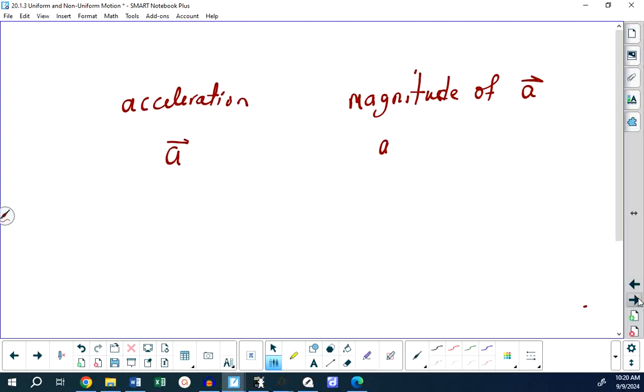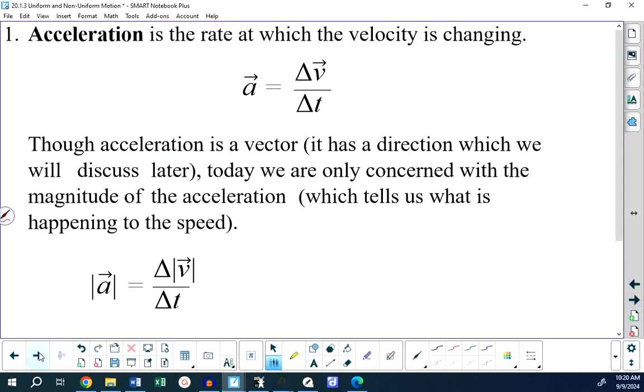And it can be written this way. For that reason, when I say we're going to talk about the magnitude of acceleration, because including direction today is too complicated, this is what the formula becomes. Okay? And I think writing that is lazy.